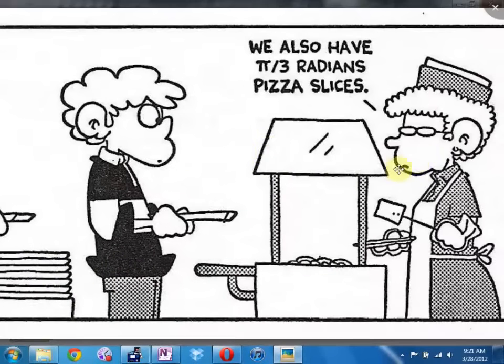We also have pi by 3 radians pizza slices, which would be what fraction of a pizza? If I cut a pizza into pi by 3 radian slices, how many pieces are there? 6. Yeah.